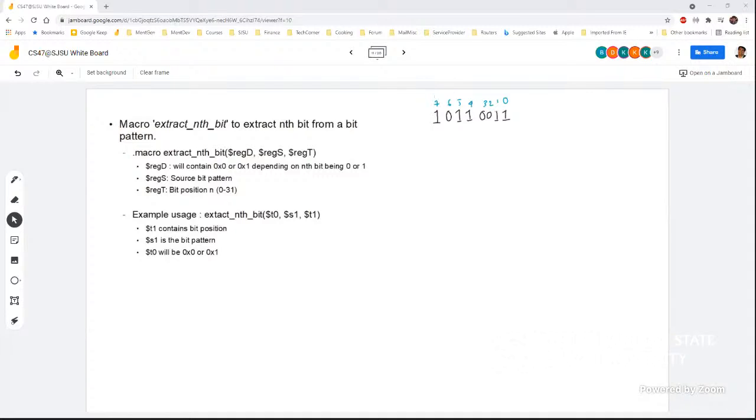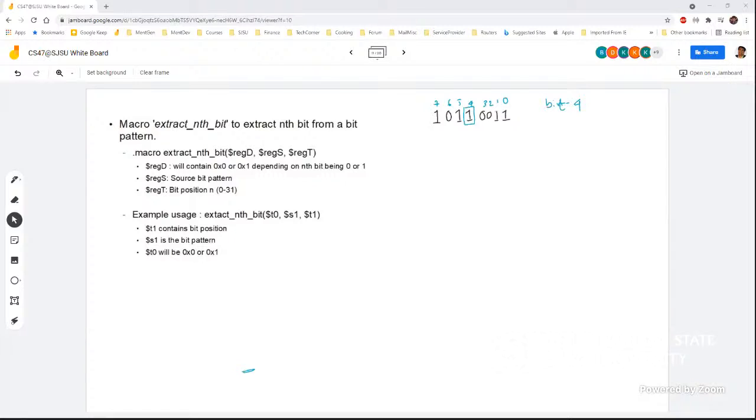And our interest is to, let's say, extract bit number 4. So our usage would be something like that.